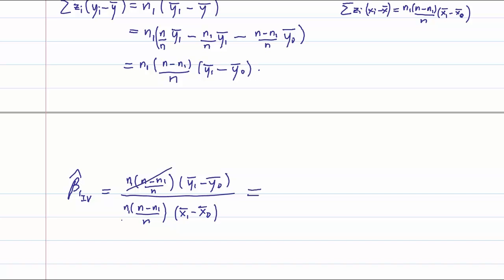This simplifies, and I get what I wanted at the beginning, which is y1 bar minus y0 bar over x1 bar minus x0 bar.